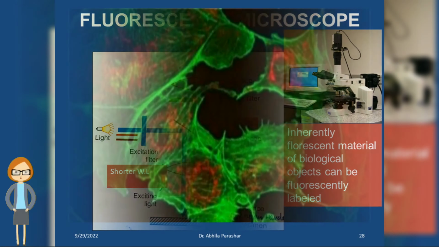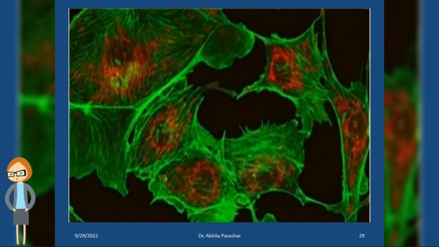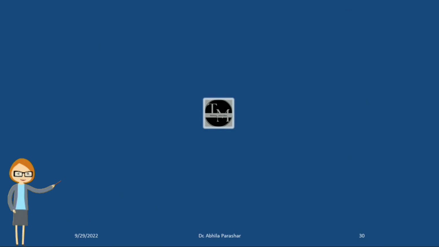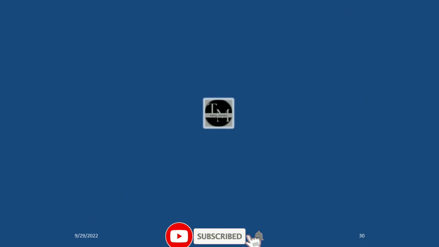This is the picture showing the different fluorescence of the different areas of the cells. Used for autofluorescence, microbial motility, and microbes coated with fluorescent dye, like in the MP test and QBC. MP is malarial parasite for QBC.